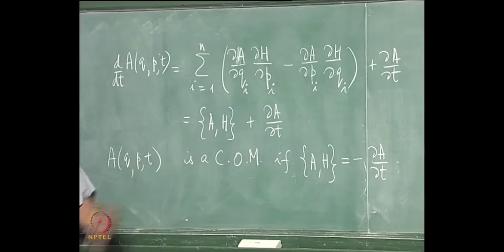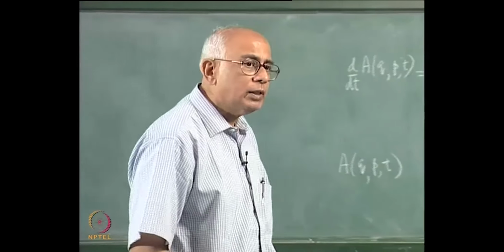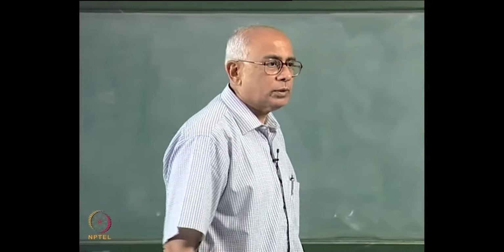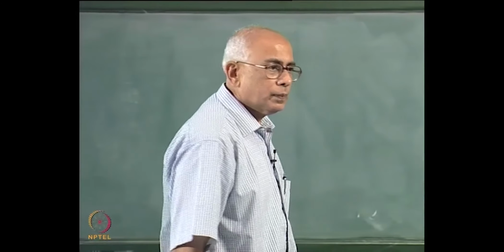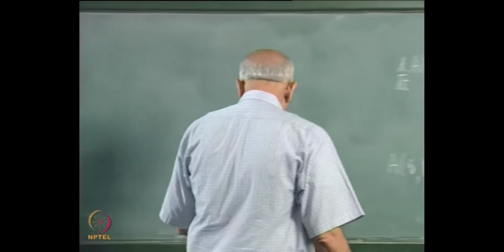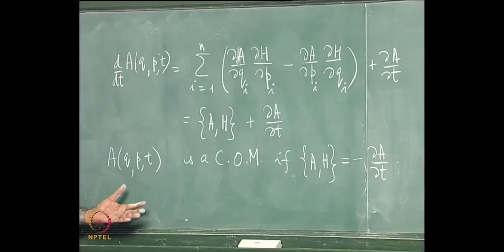So if the right hand side vanishes, then the total derivative of this function with respect to time vanishes and you have a constant of the motion. So this is the test. This then is the test of when something is a constant of the motion.